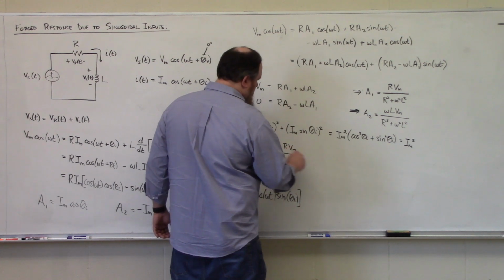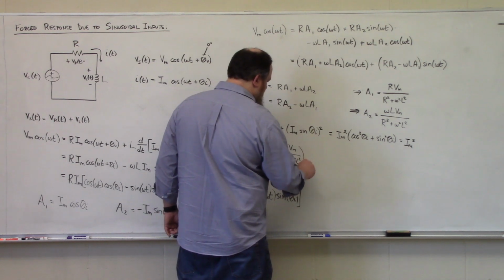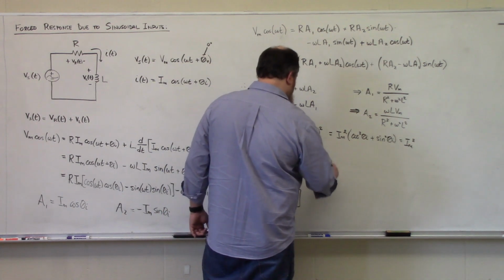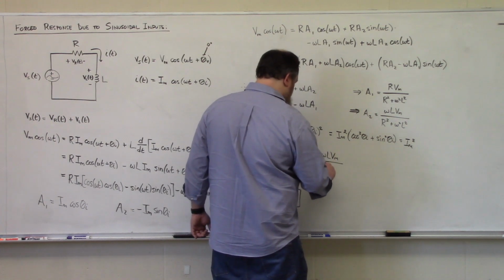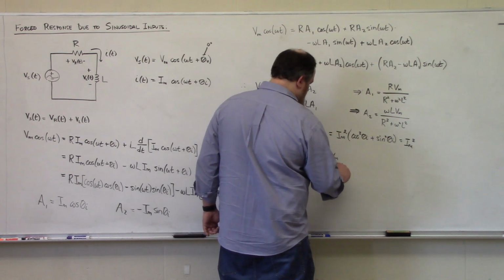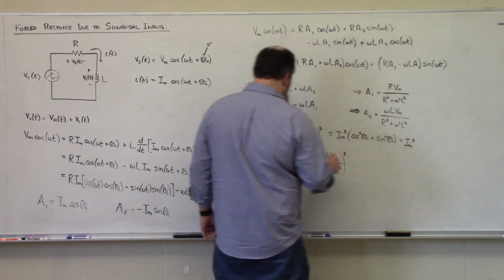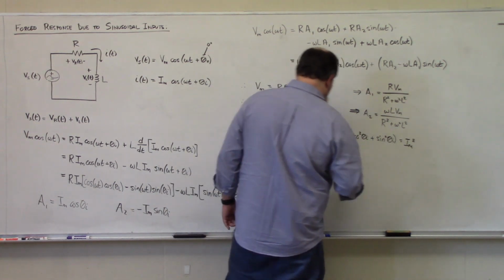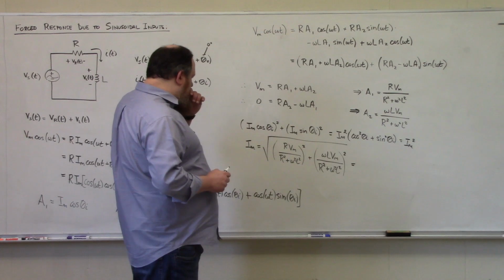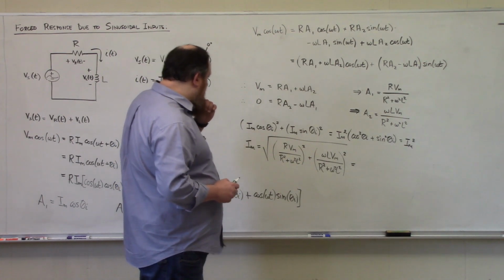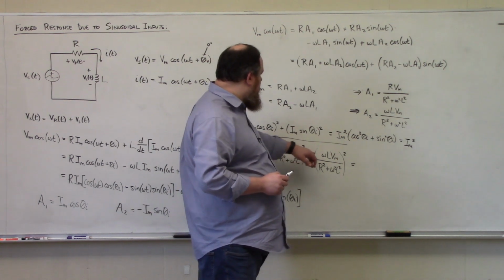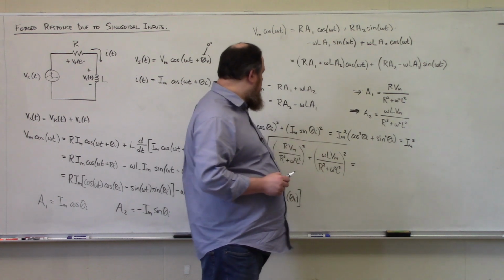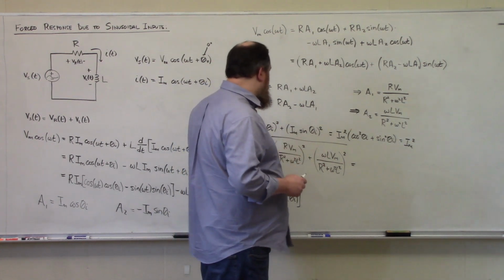R Vm divided by R squared plus omega squared L squared, quantity squared, plus omega L Vm divided by R squared plus omega squared L squared, quantity squared. So we're going to have R squared Vm squared in the numerator here, omega squared L squared Vm squared. We're going to have a common factor of Vm squared that we can pull outside.